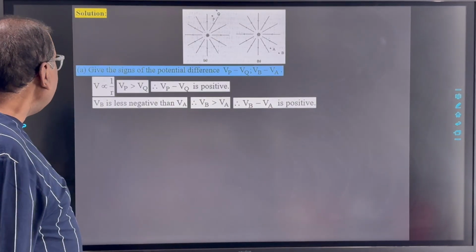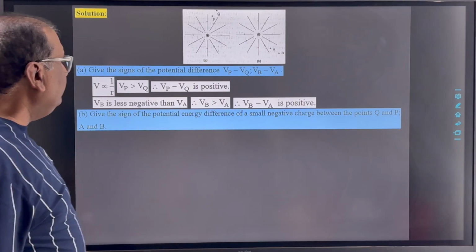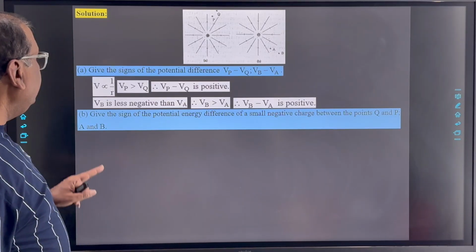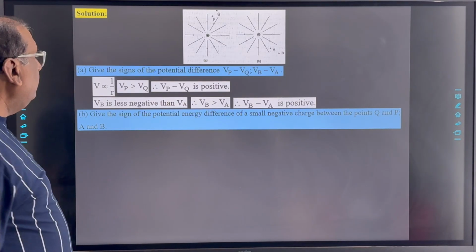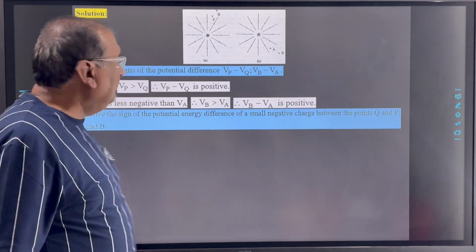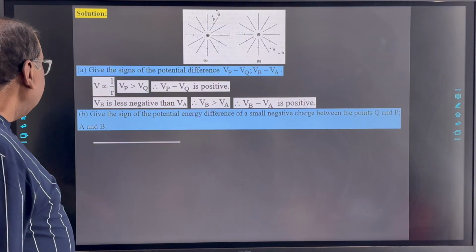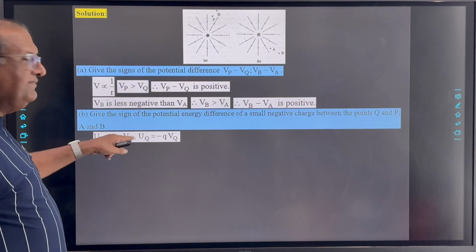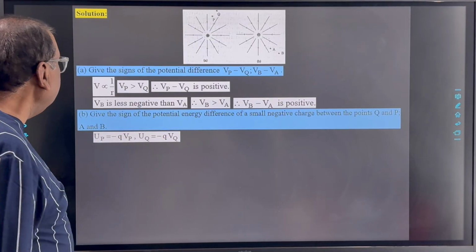Okay. Now B. Give the sign of the potential energy difference of a small negative charge between the points Q and P, and A and B. Now potential energy of small negative charge at point P, that is Up equals minus qVp, at Q, Uq is minus qVq.